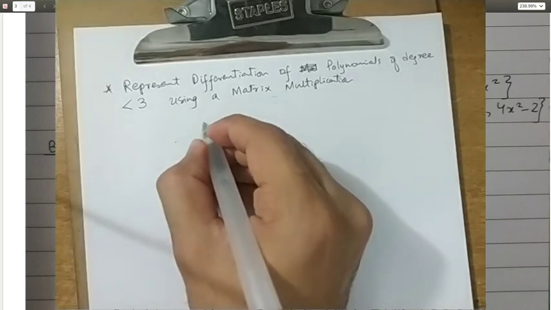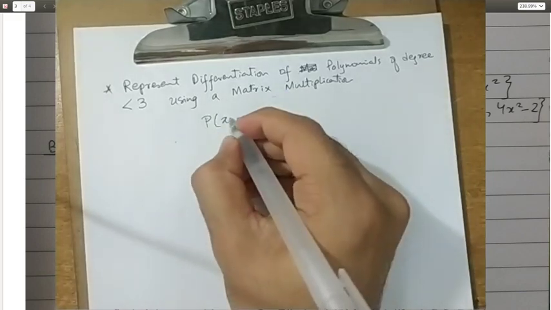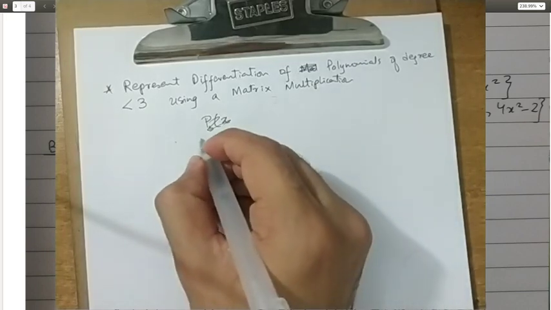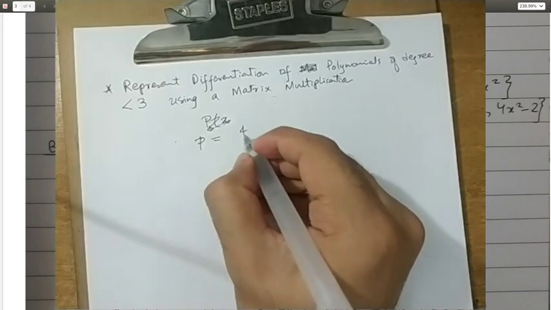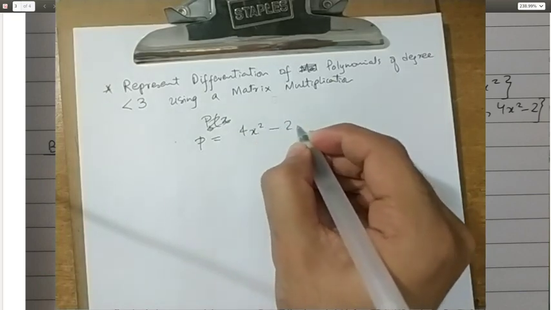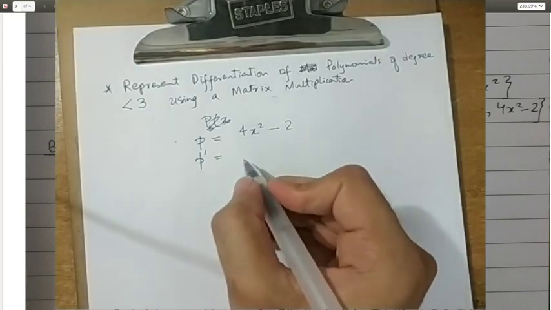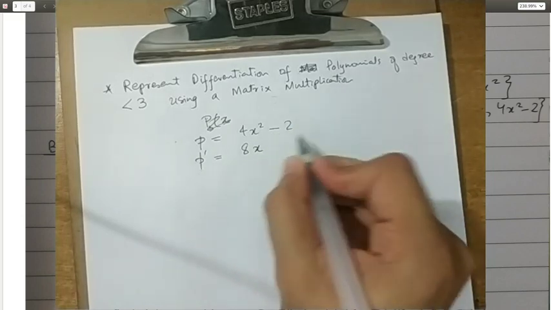So for example, let's suppose there is a polynomial P in P3 such that it's 4x squared minus 2. If I differentiate this polynomial, this is simply 8x plus 0.